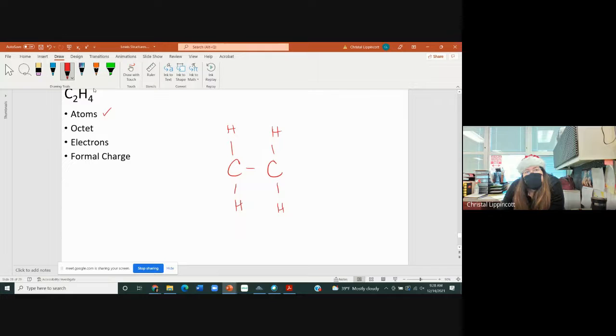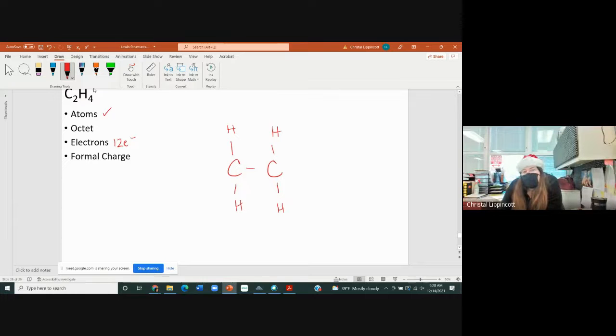Eight and 4 is 12 electrons. So on this one, I have 12 electrons to place. How many do I have placed right now? 10.